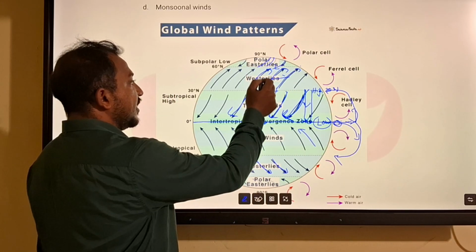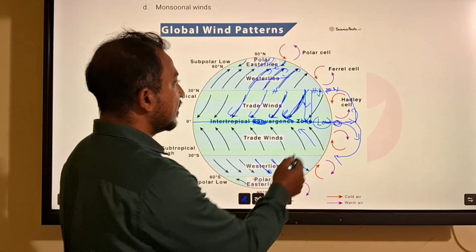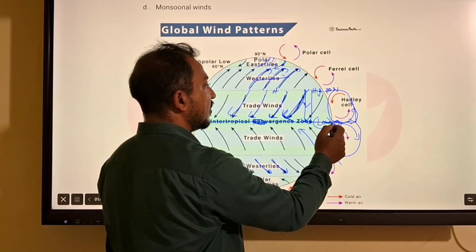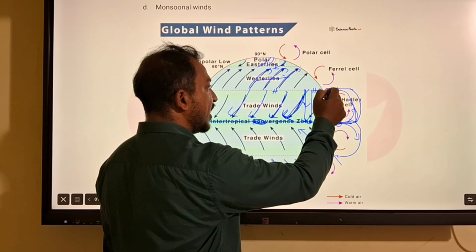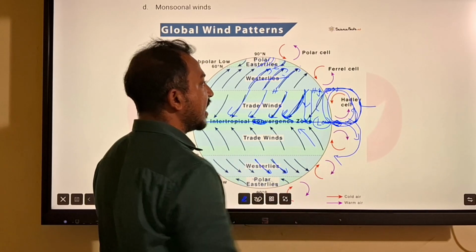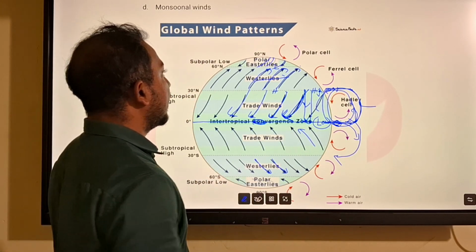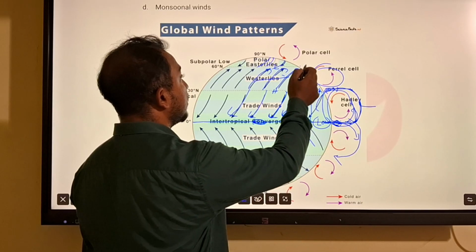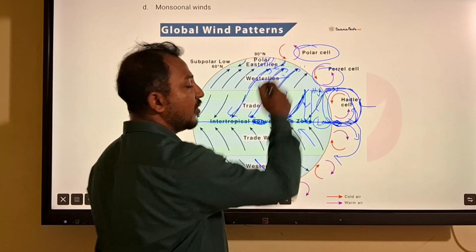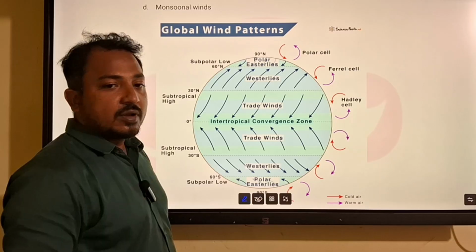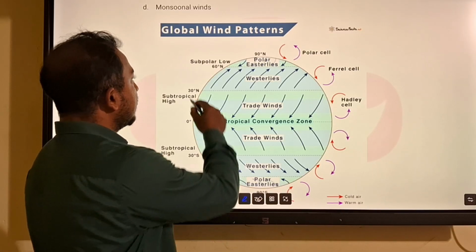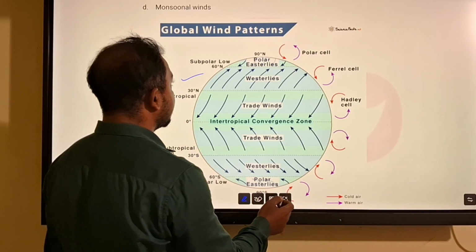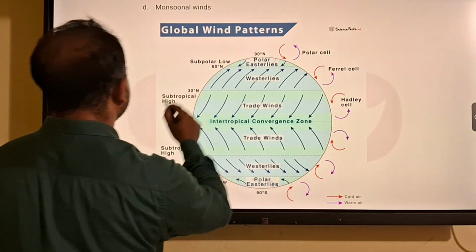So these are different wind belts, and these are cells produced because air rises upward, then again descends, and they produce a cell. This cell is called Hadley cell, that is 0 to 30 degree, 30 to 60 it is called Ferrel cell, 60 to 90 it is called polar cell. So remember this, it is very important. So for this question our answer will be katabatic wind.